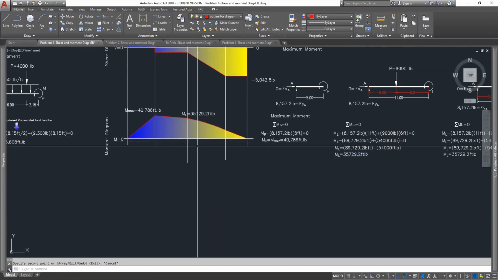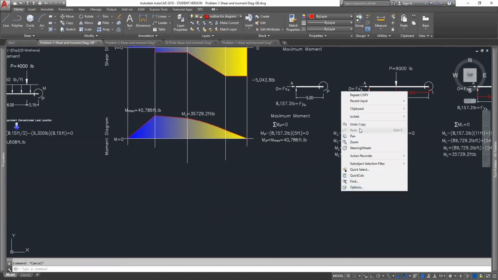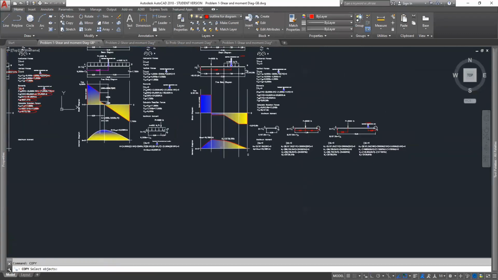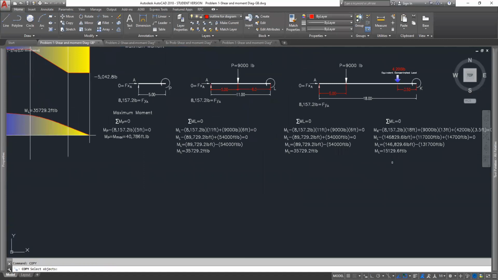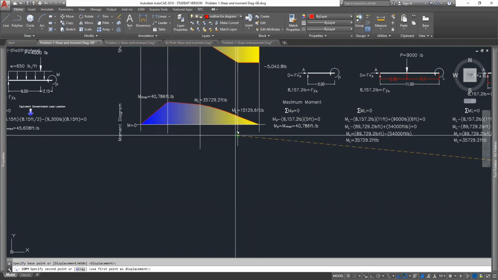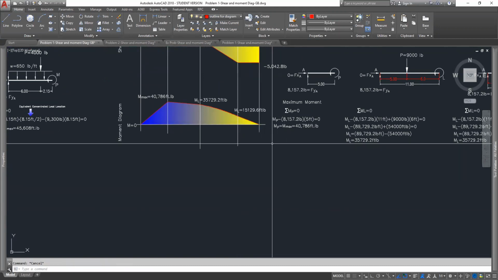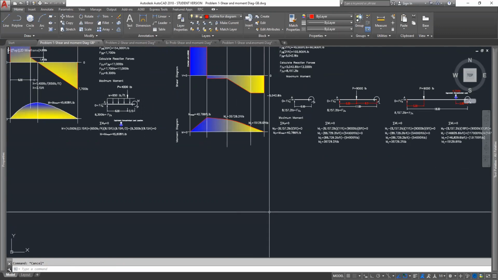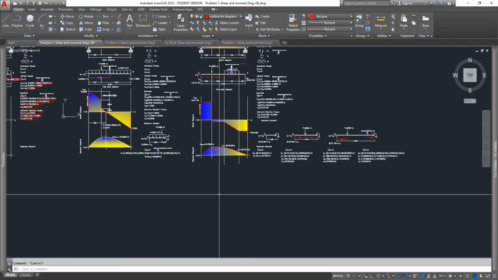There's one of them. And there's our last point. Okay. And that is our shear and moment diagrams. And that pretty much is the whole equation.